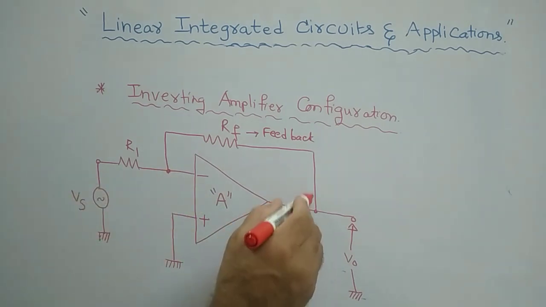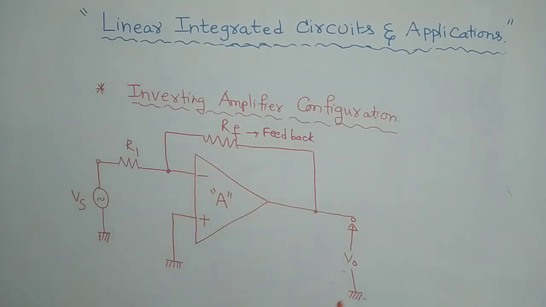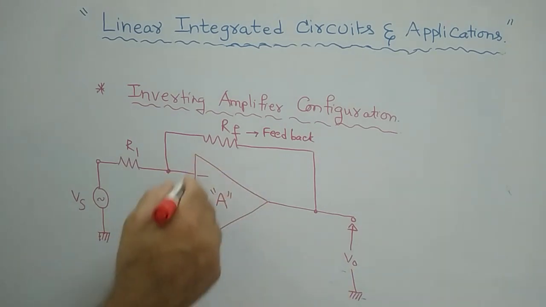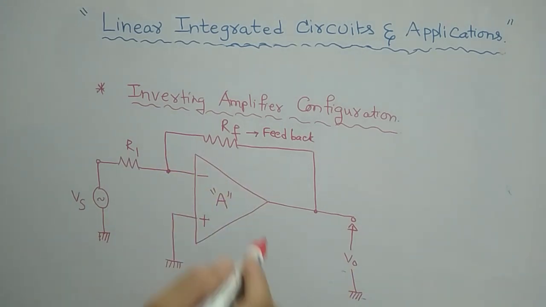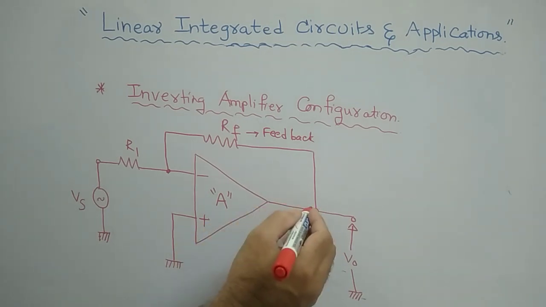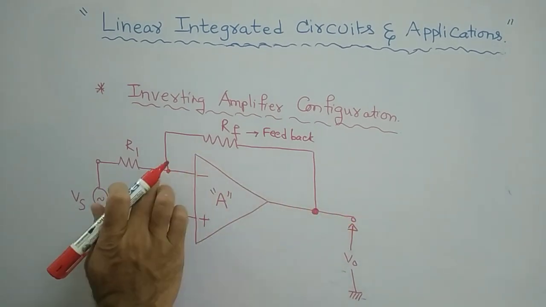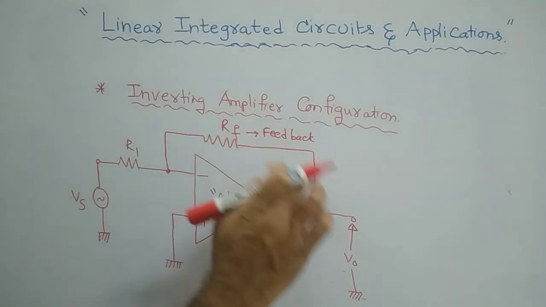Otherwise, if you do not have this looping, it is called an open loop system, an amplifier in open loop. So when we connect this feedback resistor between output and input, a closed loop is formed.